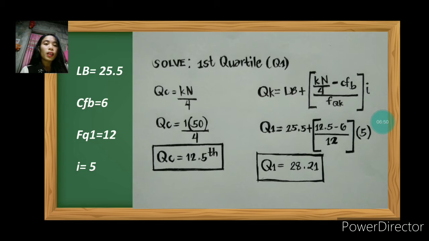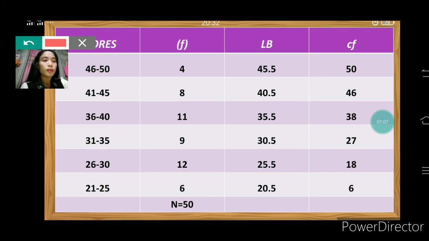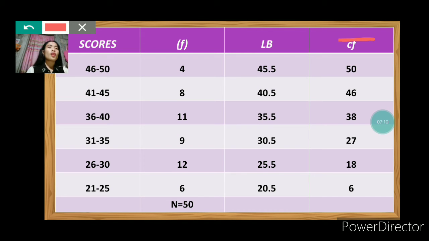So going back to our table, in order to know where the 12.5 is, we'll focus on the cumulative frequency. Here we have 6. This means that in this data, from 1 to 6 belong here.